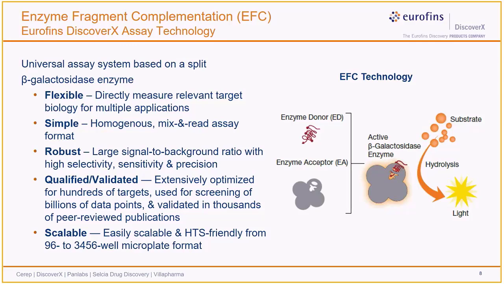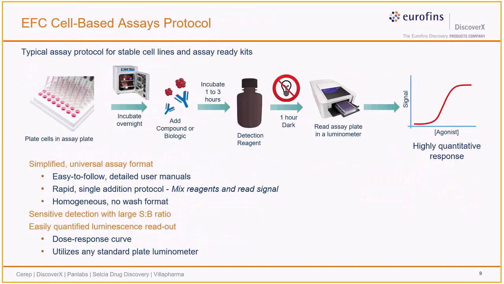So let's move into the protocol. In our GPCR assays, as well as other EFC-based assays, it's a plate format. Here you see your plate all the way to the left. You incubate the plate with the cells overnight, add your compound or biologic, and incubate this for 1 to 3 hours, which is determined by the specific ligand or target of use, and that's indicated on the data sheets for the product.